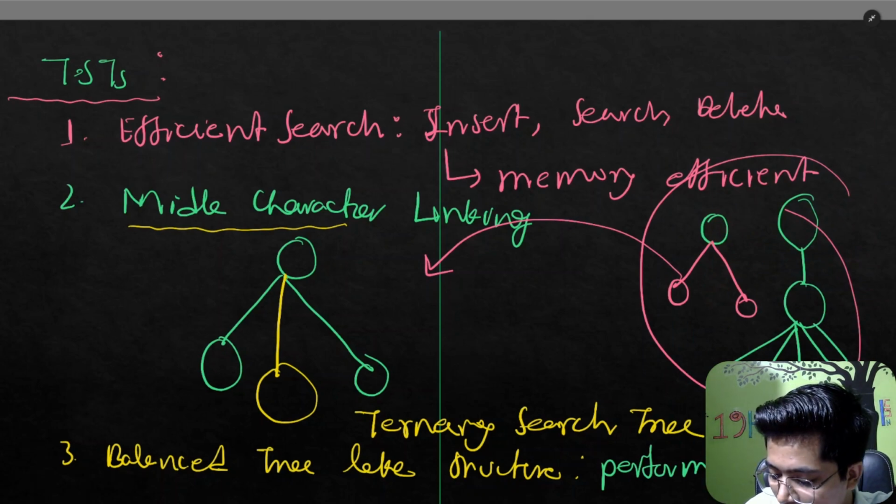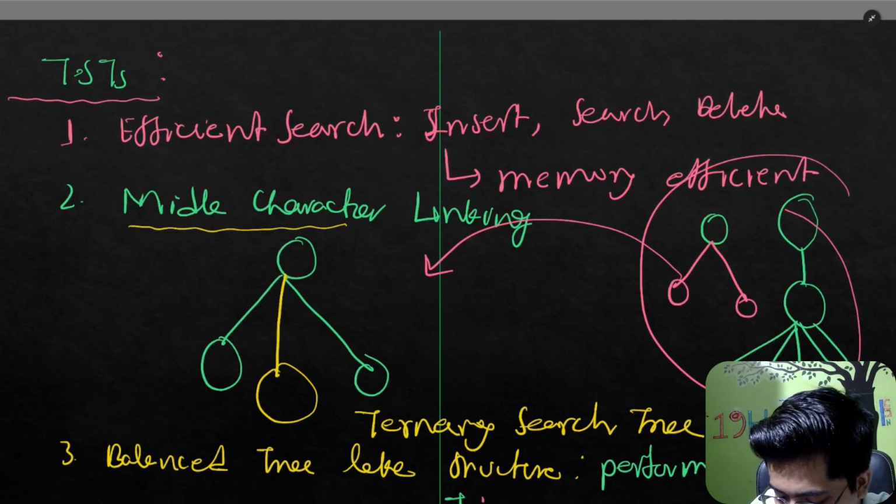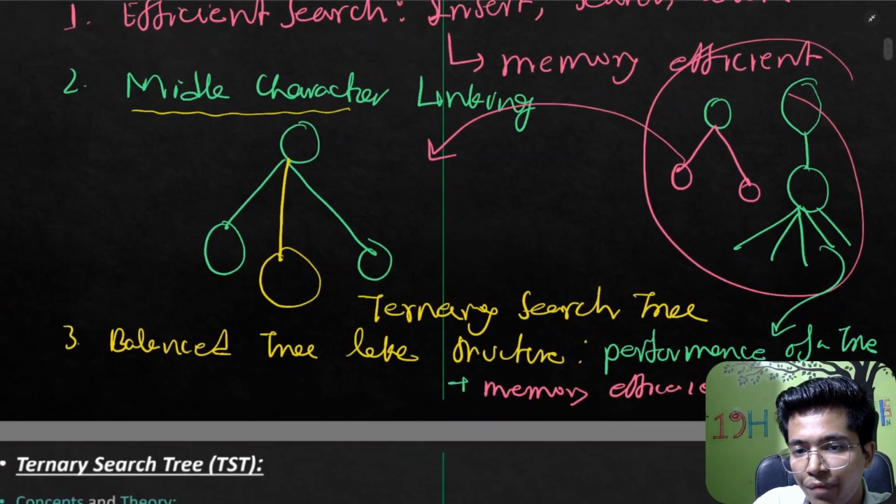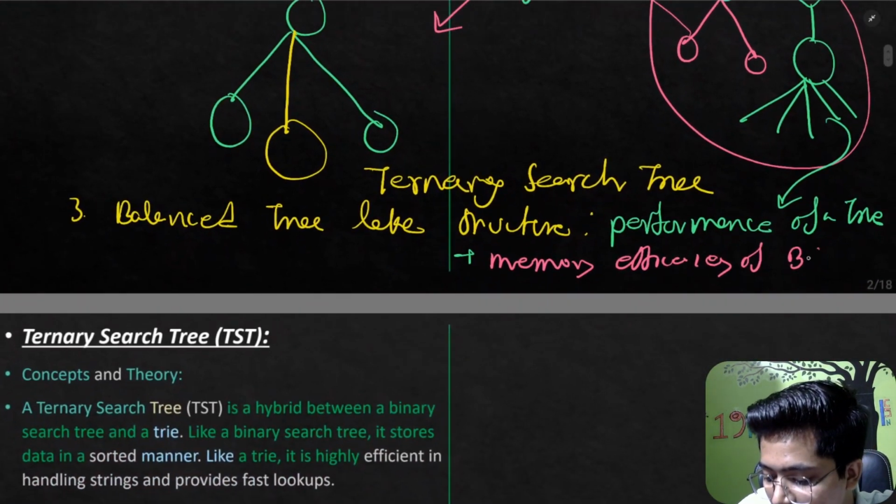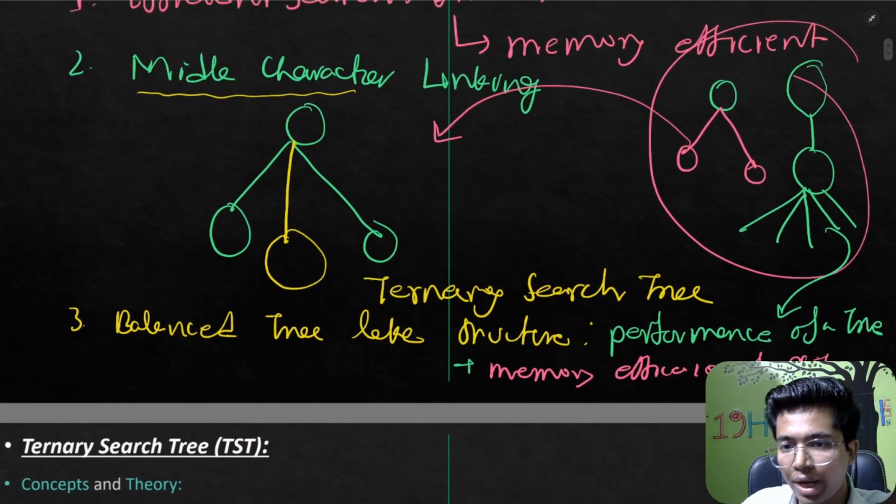So the performance of a trie, and the memory efficiency of a binary search tree, BST.